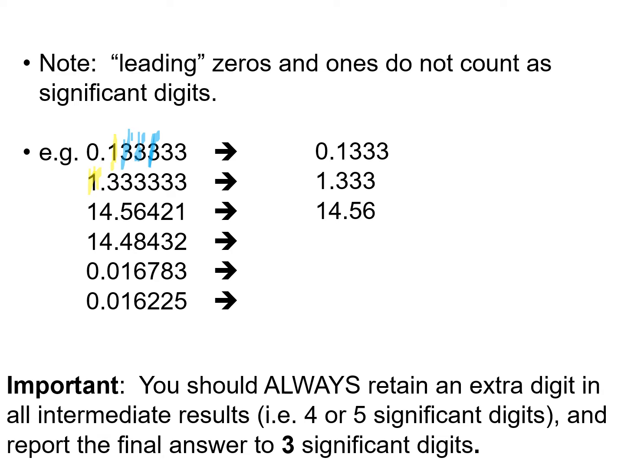So this right here is our leading 1, so we're not going to consider that. So we still need 3 significant digits. So that's going to be 4.56. So that's going to give us 14.56.